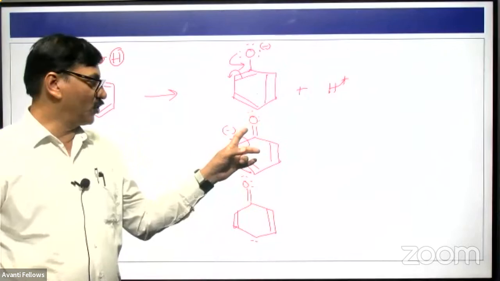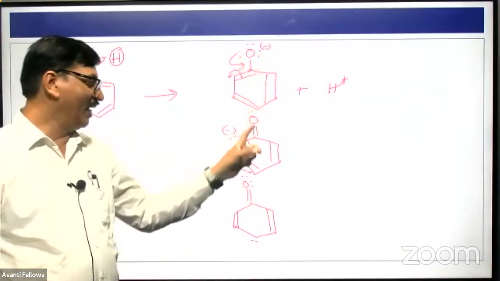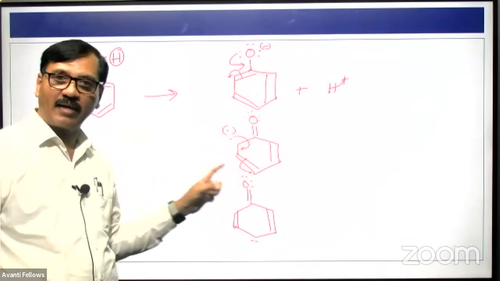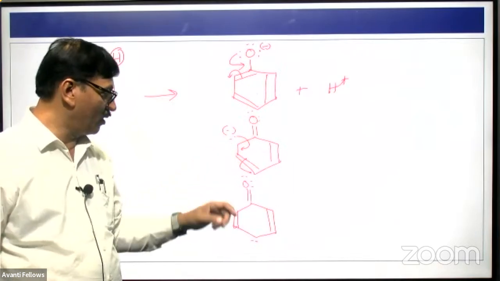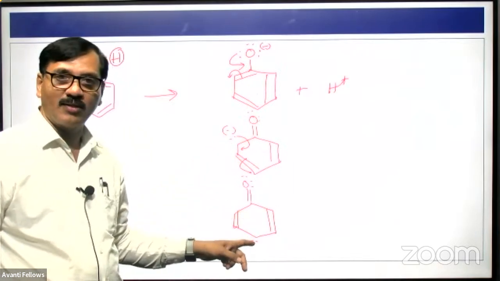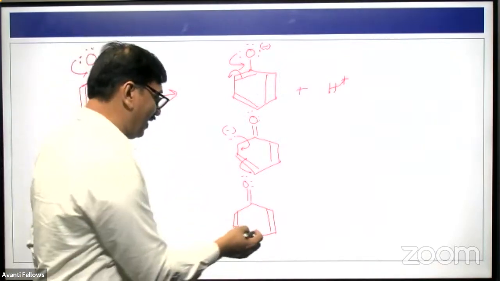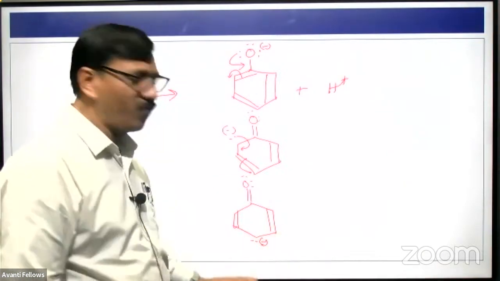Now, oxygen, which was having excess electrons due to which it was having negative charge, this negative charge is dispersed to the carbon of the benzene ring. The carbons in the benzene ring at the ortho position or the para position are electron rich, or carry negative charge. They carry negative charge.